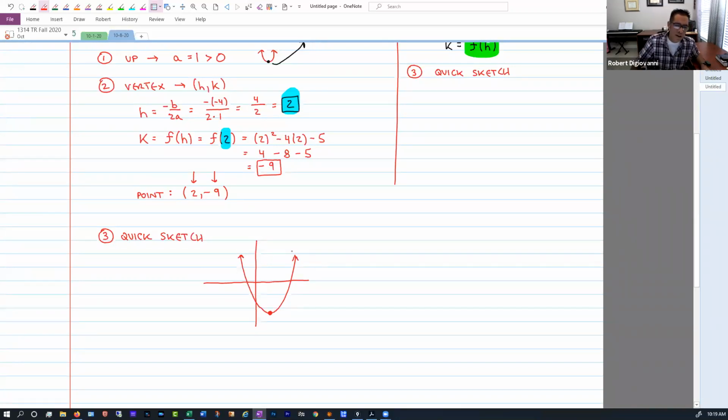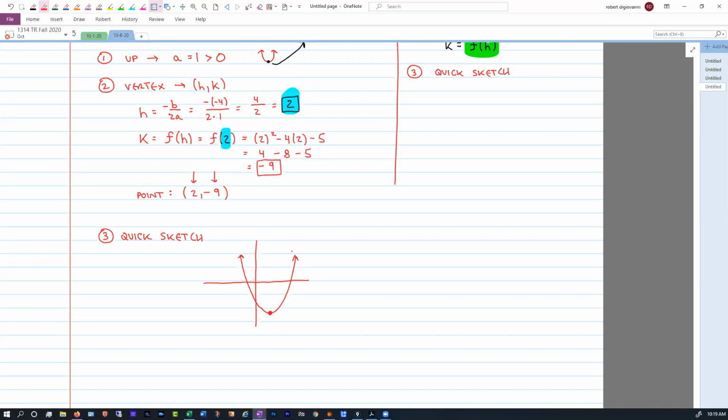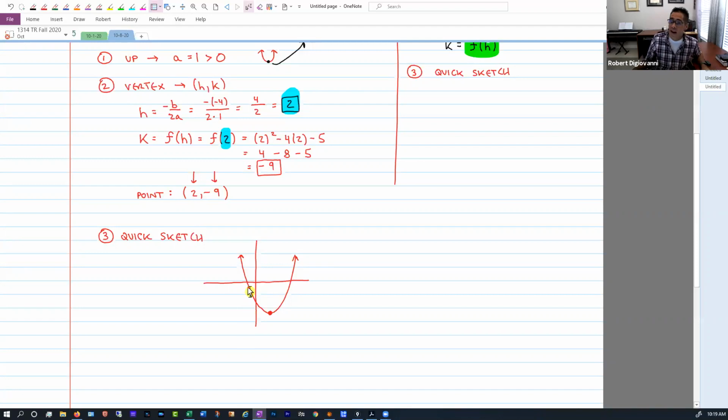Why do you think I did that step? What does that picture tell us right now? It's not that we know where the X-intercepts are, but we know how many we have. We have to have 2 X-intercepts. What if this parabola had opened down?